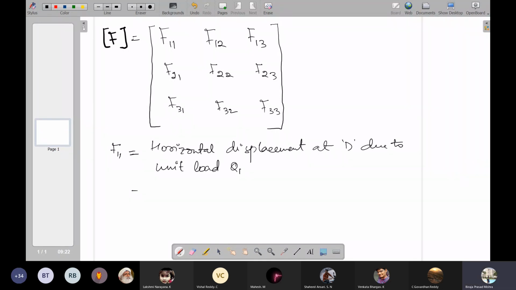Okay, so this we can calculate as integration m1 square dx by EI.